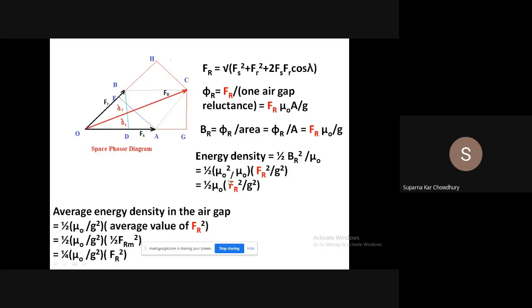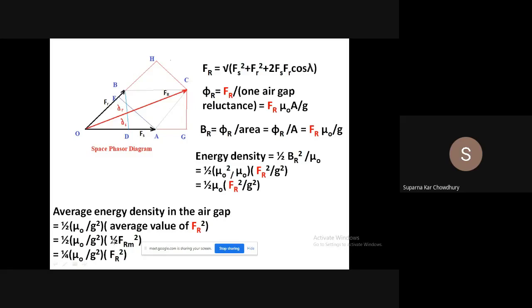So as this FR is sinusoidal in nature, if we want the average energy density, that will be half mu 0 by G square into the average value of FR square. Now, what is the average value of FR square? FR is a sinusoid. So the average value of any sinusoidal quantity square is half FRM square, where FRM is the peak value.